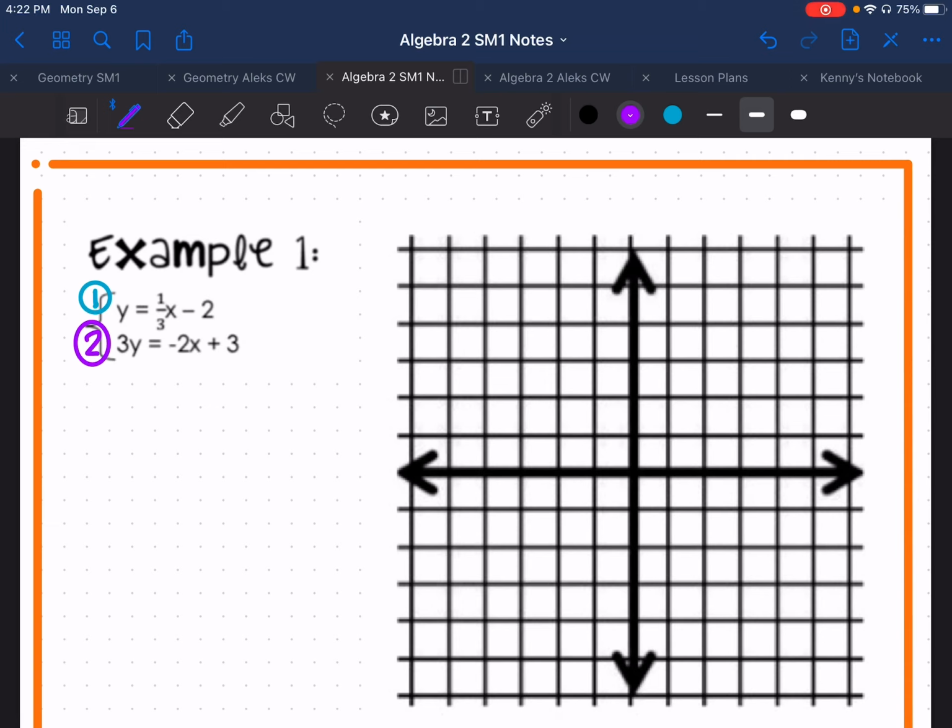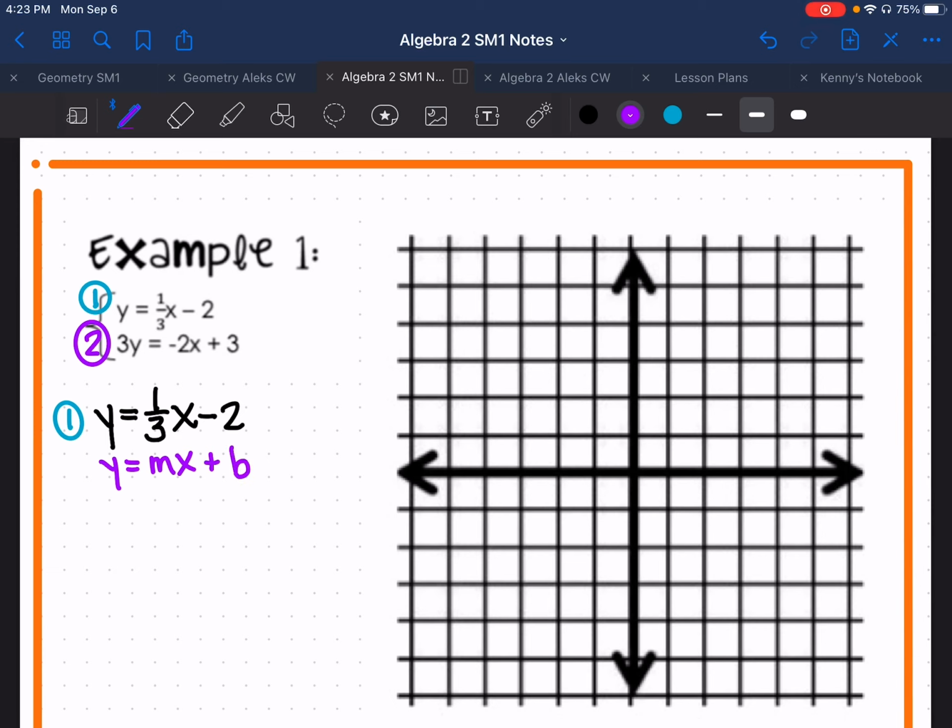All right, let's take a look at graph number 1. Now, the nice thing about equation number 1 is that it seems to already be in the y equals mx plus b form. Watch this. I'm going to write y equals mx plus b underneath.